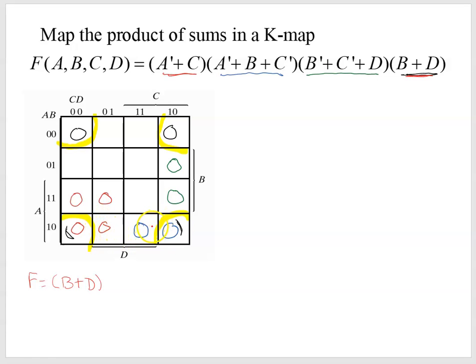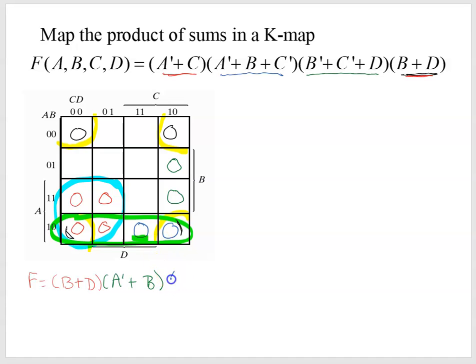What we can do now is look at this one here. The only way we can map that with 4 is the bottom, so we get that ANDed with A prime or B. And now we have these 2 and these 2, and that's the only way we can get those.